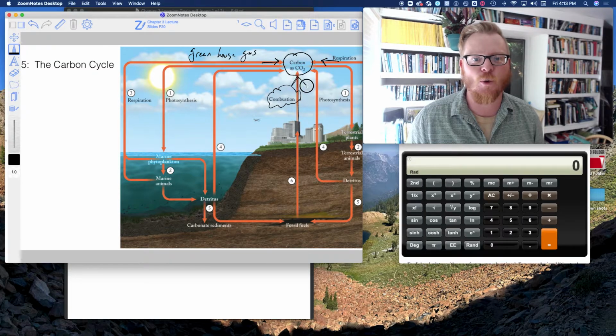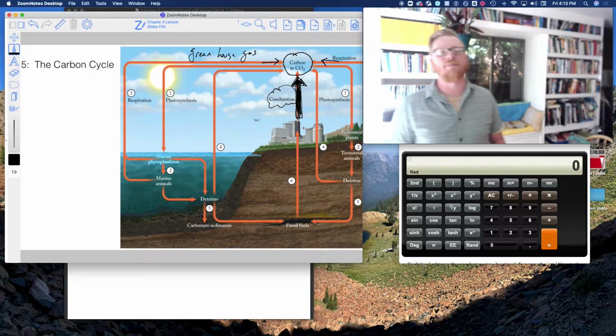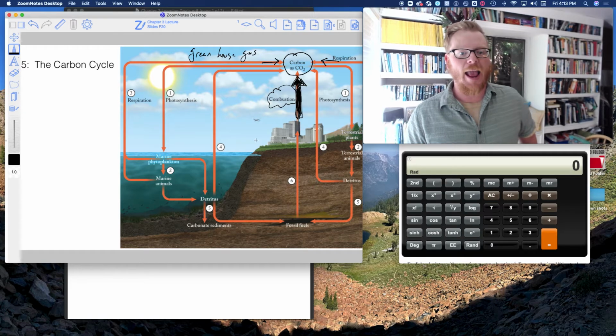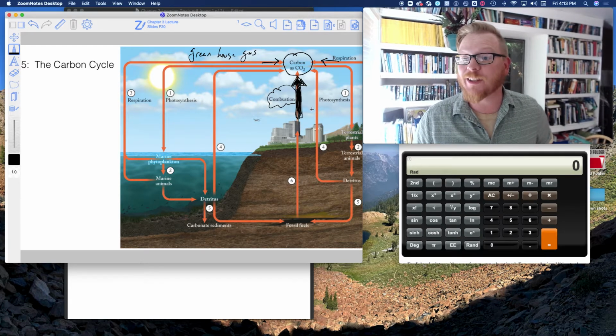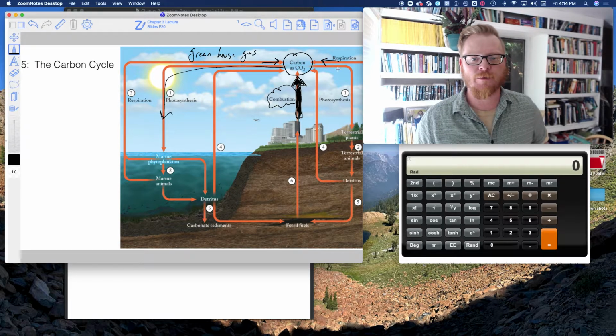And the source of CO2 from combustion is humongous. It's huge. And it's just getting bigger and bigger and bigger with the more human activity there is. And you notice the only thing that really takes CO2 out is photosynthesis. Photosynthesis through marine phytoplankton or just photosynthesis through terrestrial plants, okay?